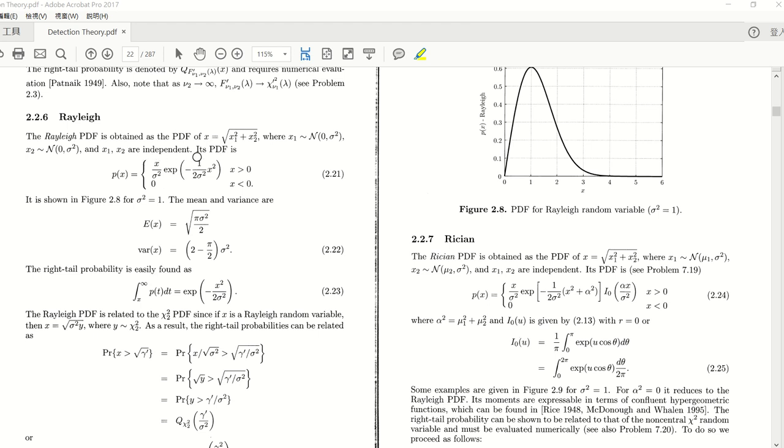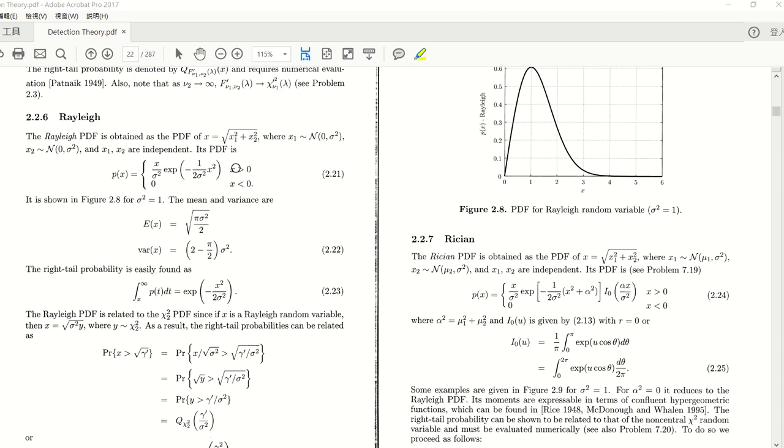Okay, so its PDF is expressed in this form. When x is smaller than zero, the distribution is equal to zero.